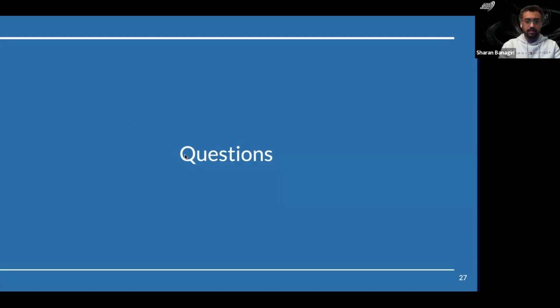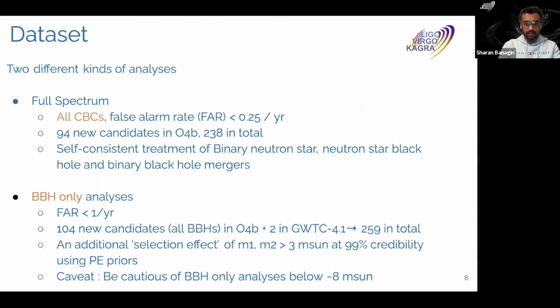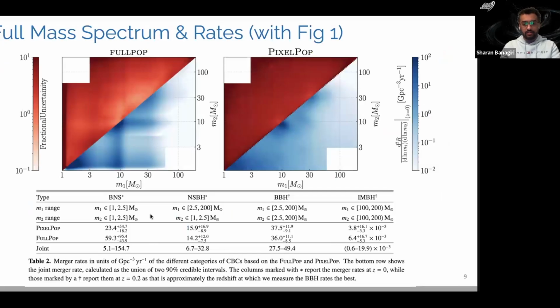You will notice that for binary neutron star and neutron star black hole mergers, we are still reporting the rates at z equals 0. These are local rates because we don't usually have good measurements of BNS and NSBH mergers up until z equals 0.2.